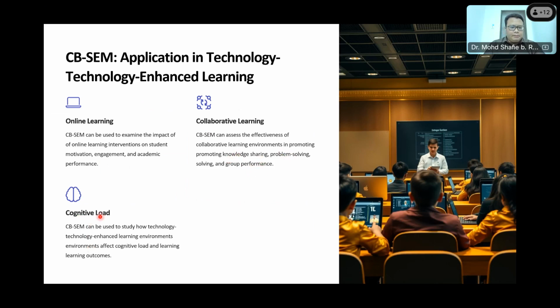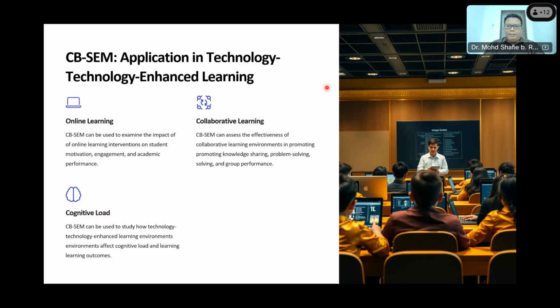Then another example is cognitive load. This is an example for your understanding, as normally we are no longer focusing a lot on cognitive load. Even some scholars I met say that cognitive load is not something current, and one of them said that cognitive load theory is not correct.